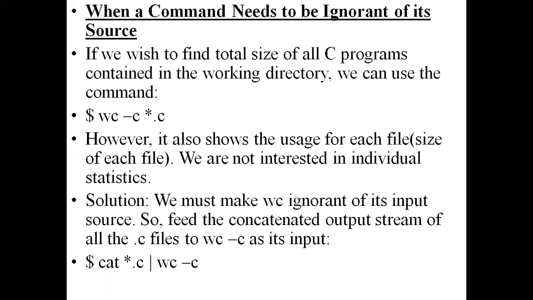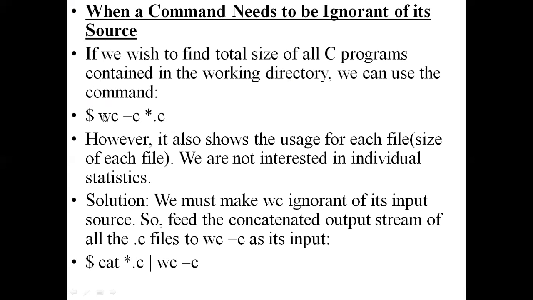How can it happen? If we wish to find the total size of all C programs contained in the working directory, we can use the below command, word count. Word count will display number of lines, number of words, characters, file name.